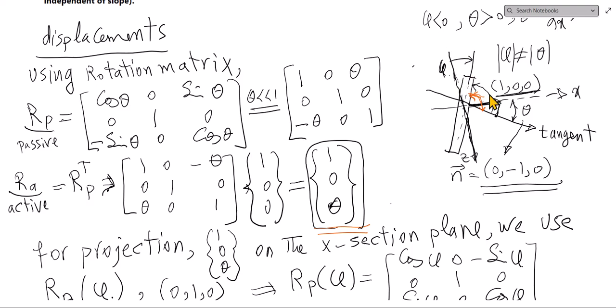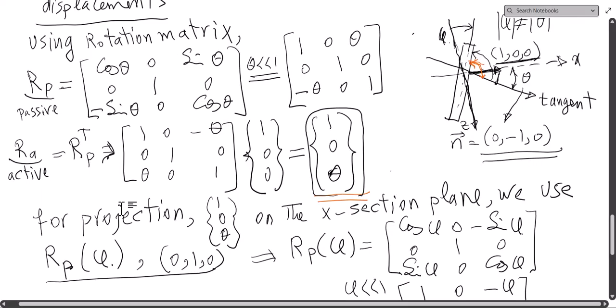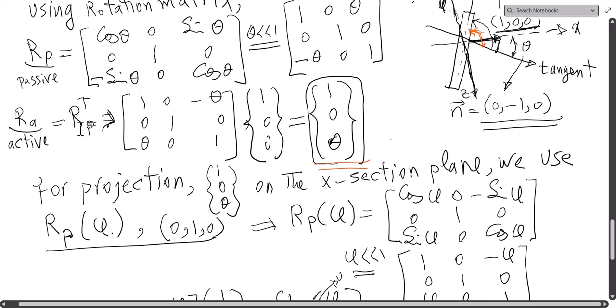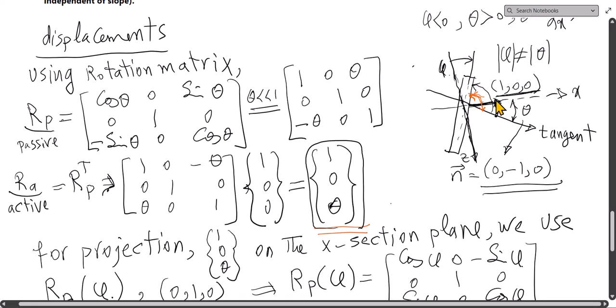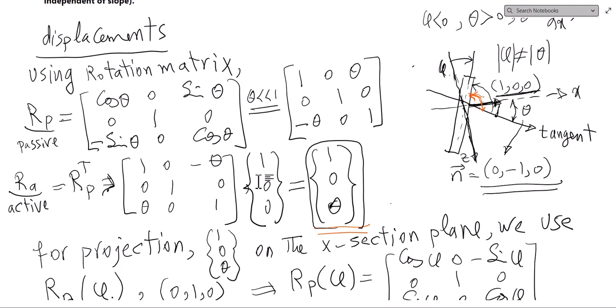So this is rotating clockwise about this unit vector. With some approximation of theta, we get this matrix. Now this matrix is passive, so the transpose of this matrix is the active one that I want, and I have to pre-multiply it by my material point on the axis, which is (1, 0, 0), and that gives me (1, 0, theta).